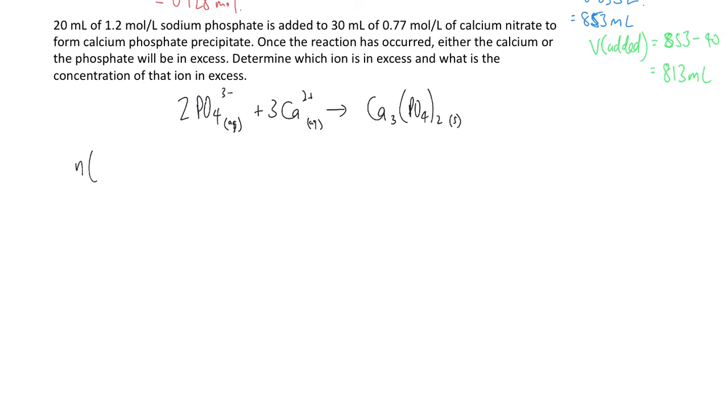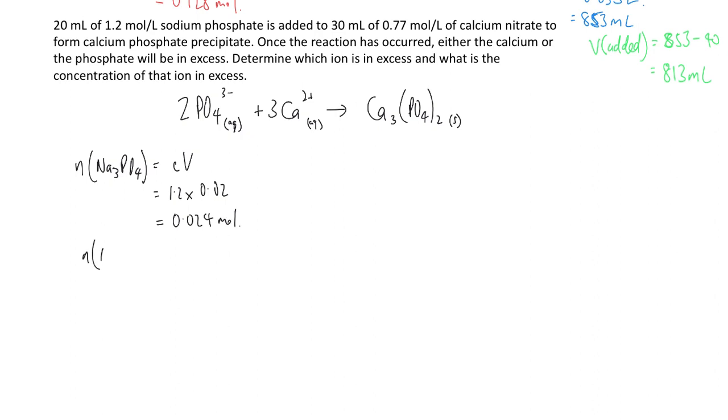First of all, I work out the number of moles of sodium phosphate that I have. Number of moles of sodium phosphate is equal to CV, so that's 1.2 times 0.02, which is equal to 0.024 moles.